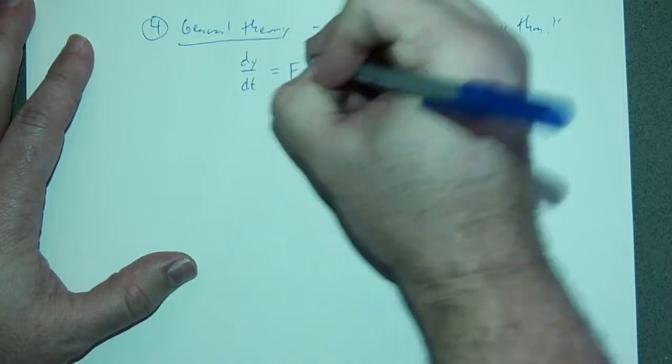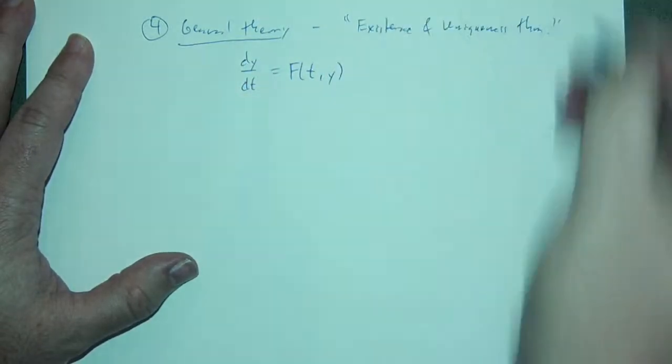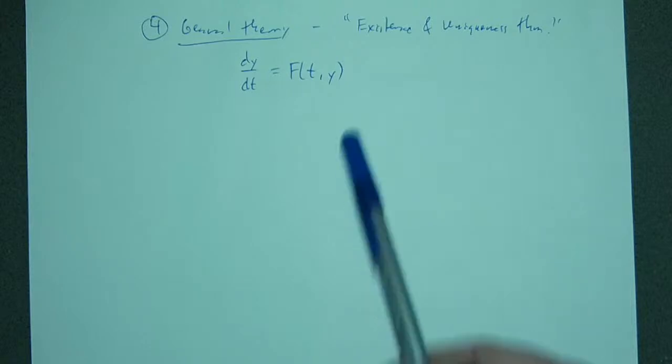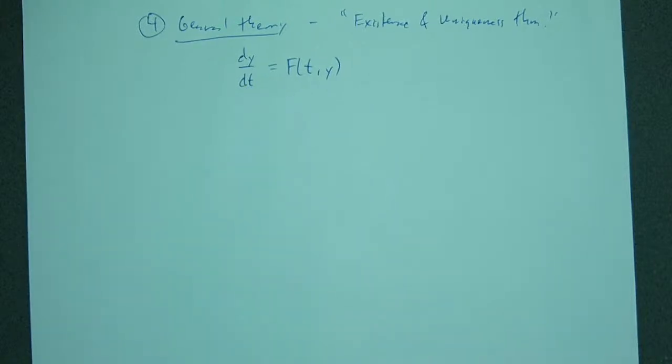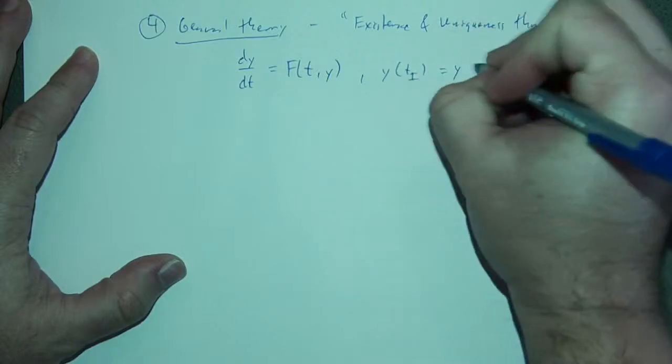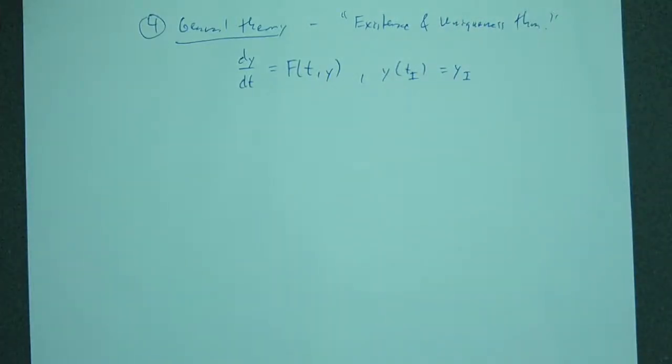So we're in the more completely general first order case. So this could be pretty nasty, but as long as it is continuous and continuously differentiable with respect to y, so what it does to the unknown function is not too nasty, then the IVP associated to this has a unique solution. So it has a solution, and that solution's unique.